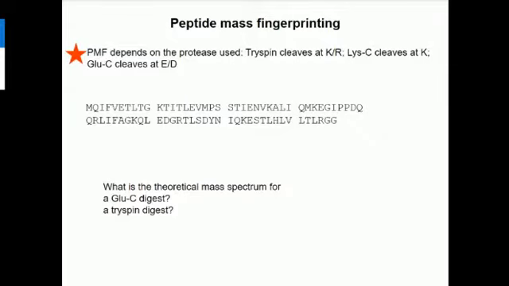That's going to be peptide number 1. Okay, so those would be the first 4.